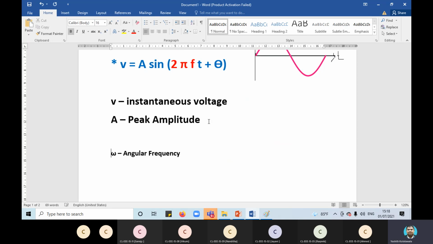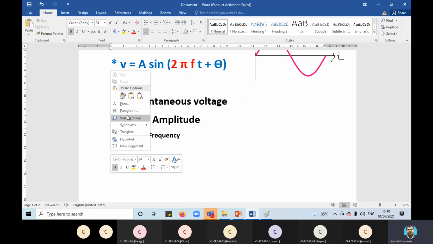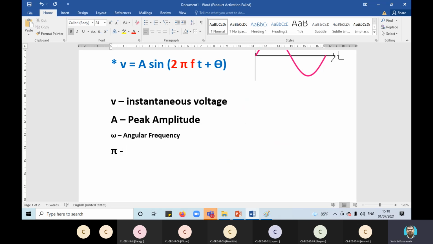Anyway, 2 pi is a constant. If you take pi, that is 180 degrees, half of a cycle, right? 2 pi is 360, obviously.